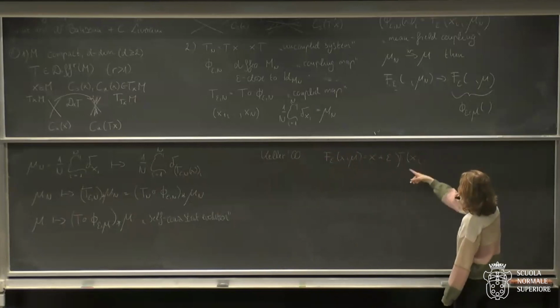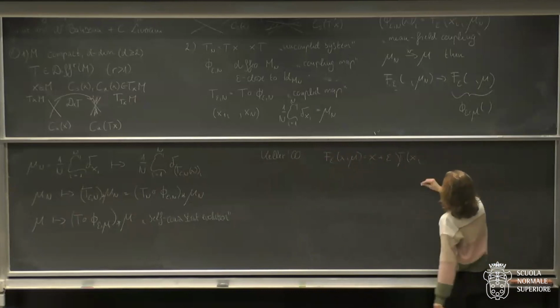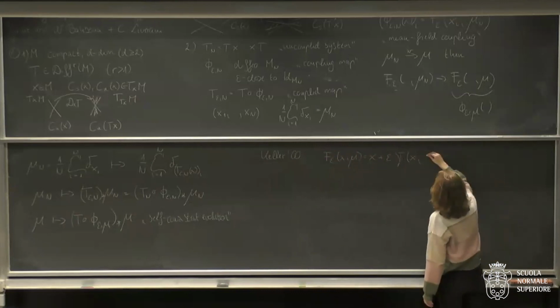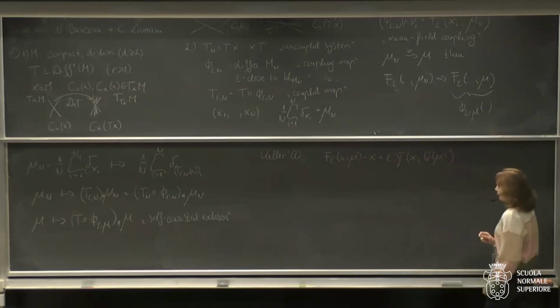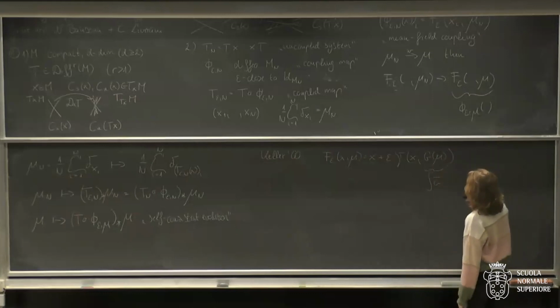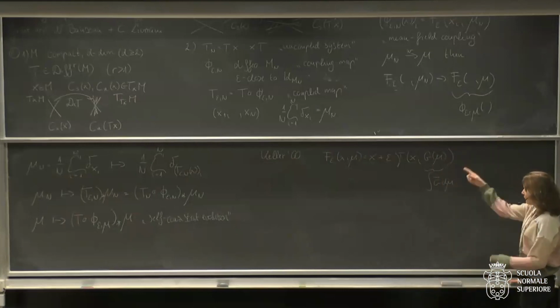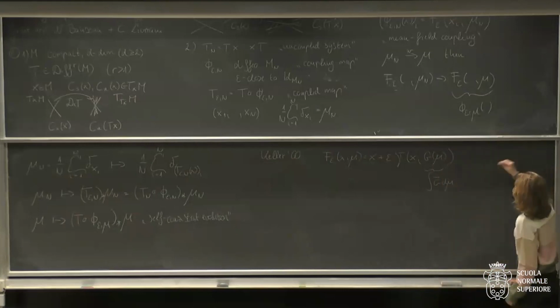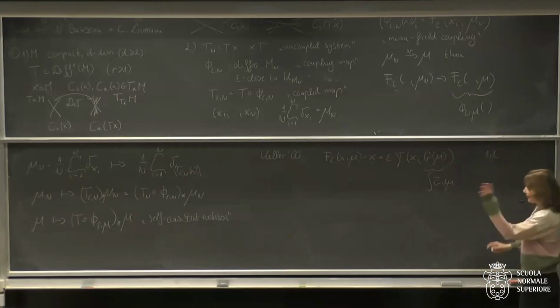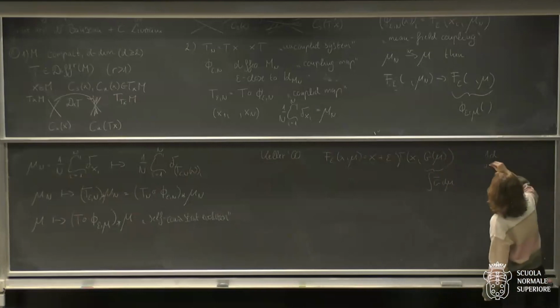And now this is the point that this coupling term by which we perturb the identity only depends on mu via a parameter that we compute from mu. More concretely, I think he took the integral of some kind of smooth enough test function with respect to mu. So he was looking at this special coupling in the 1D setting. So he wasn't looking at Anosov diffeomorphism, he was just looking at circle maps which were uniformly expanding.